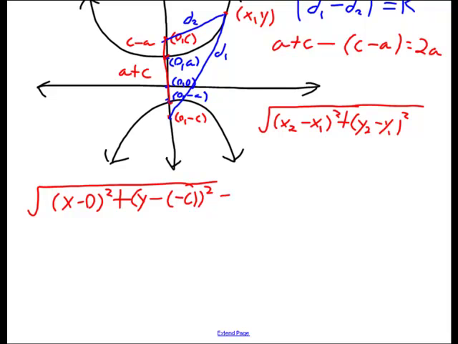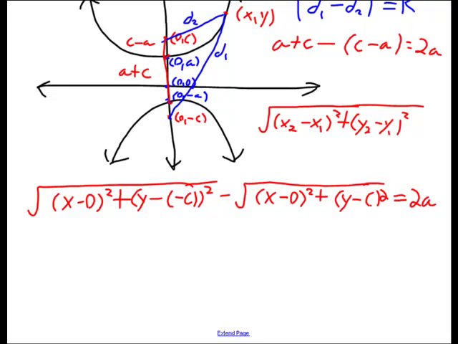Then we subtract the distance of d2. Well, what's d2 going to be? (x minus 0) squared again plus (y minus c) squared. And the difference of those two distances for any value of x and y will equal 2a.